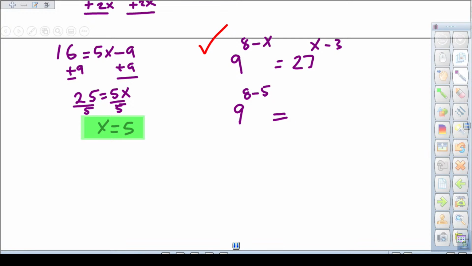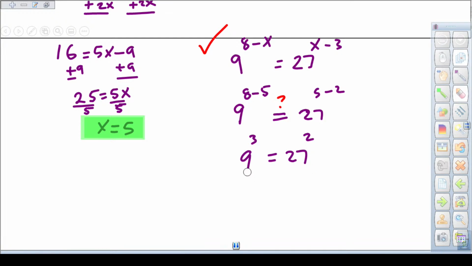We're testing, we're checking, we're not sure. This is 9 to the third. Does that equal 27 to the second?